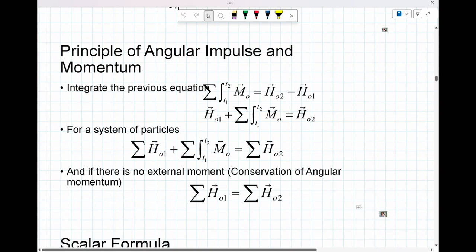This is one of the hardest concepts in the course. Even after everything else we've done in this course, I think angular momentum is the hardest thing to really wrap your head around. And that is section 3C and 4C of the text.